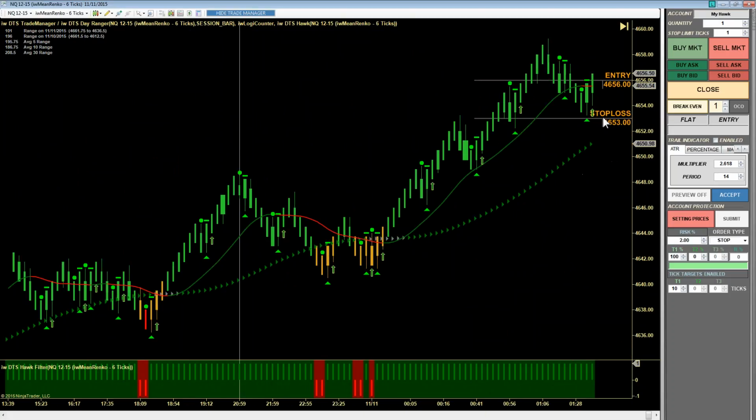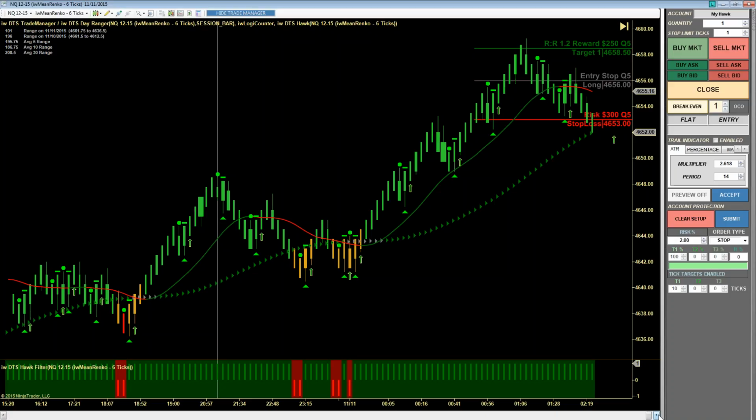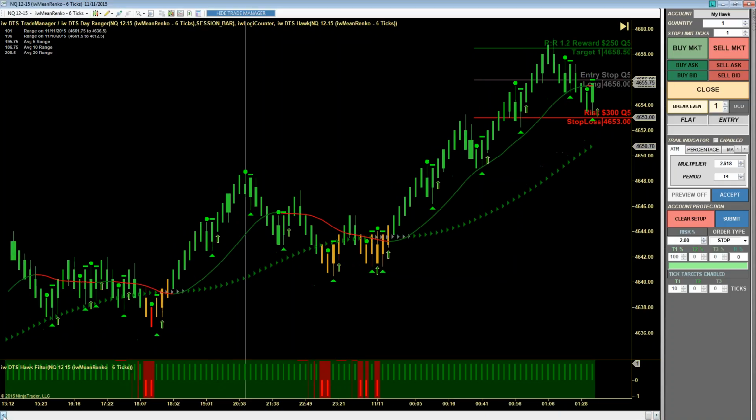So here's a situation where I don't want to put my stop right below that swing low. Why? Well, because the market's going to stop me out before it hits the profit target. Again, this is why you look at a fundamental place to place your stop. So here, unfortunately, it's way down here.